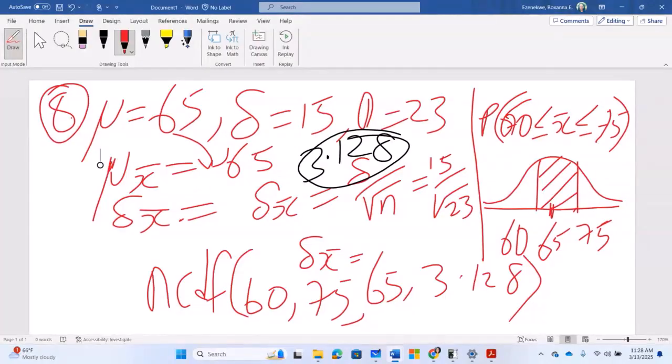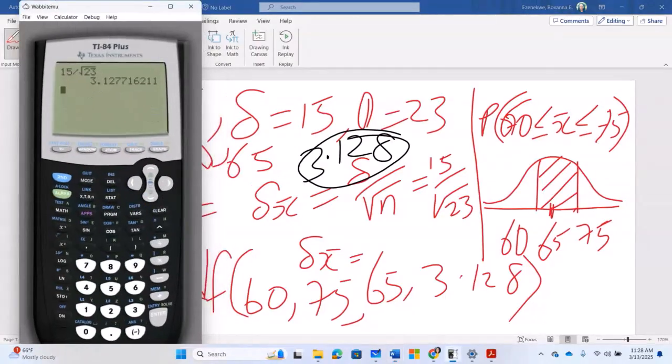Now I am going to get my calculator and answer that question. What is the area under the standard normal curve? I'm going to calculate the normal CDF starting from 60, the upper number is 75.